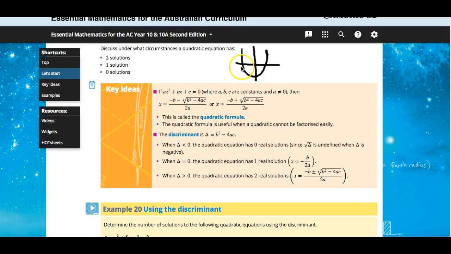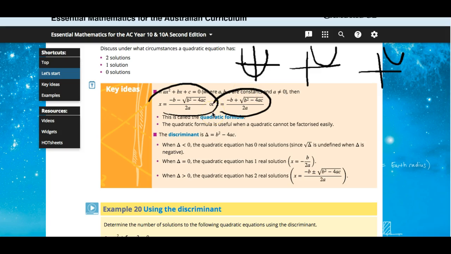If it's crossing the x-axis twice, it has 2 solutions. If it sits on the line, it has 1 solution. And if it doesn't, it has no solutions. And then you've also got the negative parabola there as well. So we can have up to 2 solutions. So that's just why we've got 2 versions in the quadratic formula.